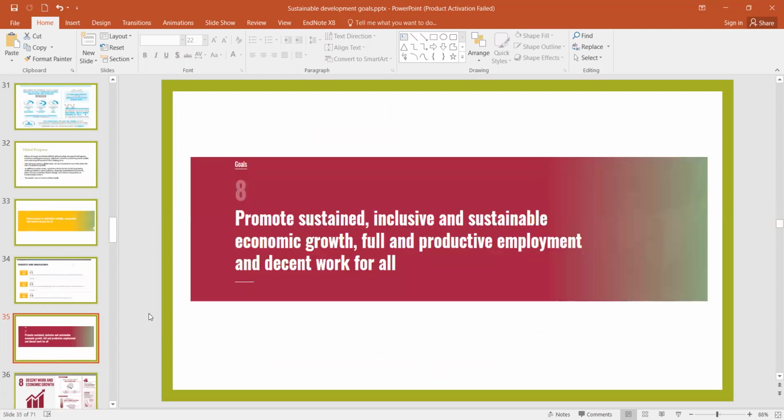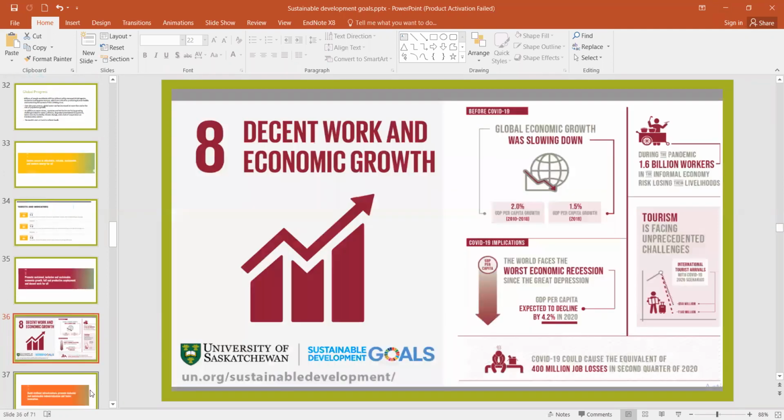SDG number 8: promote sustained, inclusive, and sustainable economic growth, full and productive employment, and decent work for all. Global economic growth slowed down: 2.2% per capita growth in 2010 to 2018, but 1.5% GDP per capita growth in 2019.